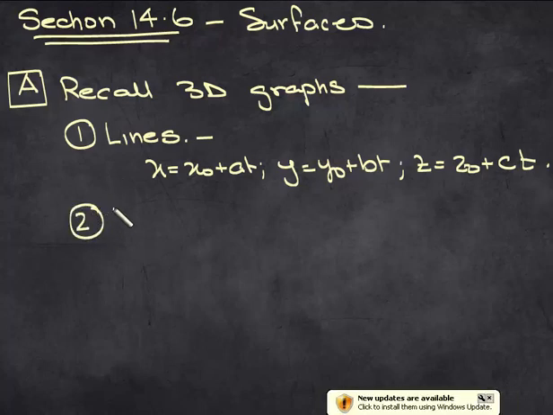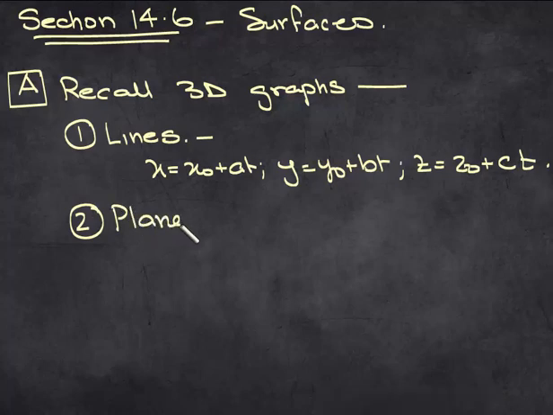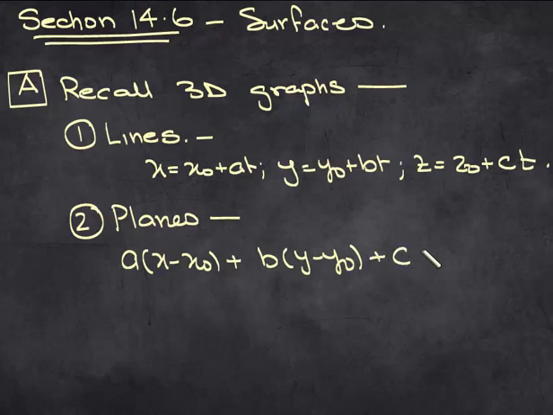Then we have planes. Planes are something like this. We have a times x minus x naught plus b times y minus y naught plus c times z minus z naught is equal to 0. We know what that looks like.